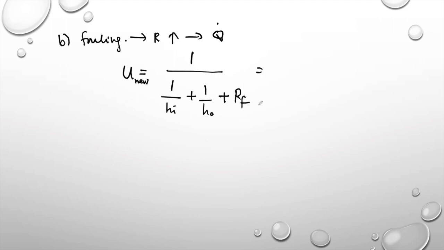So we have to find the new overall heat transfer coefficient: 1 over (1 over h_i plus 1 over h_out plus R_f), where R_f is the fouling.